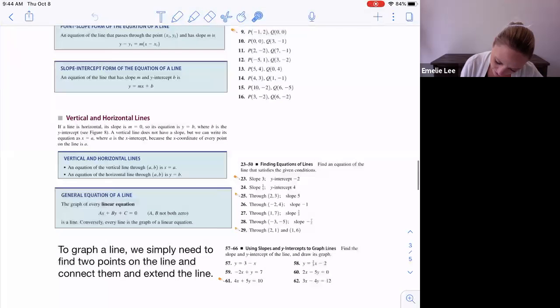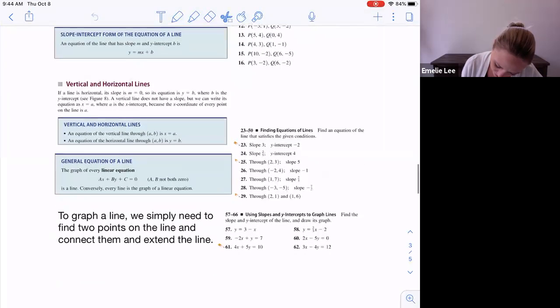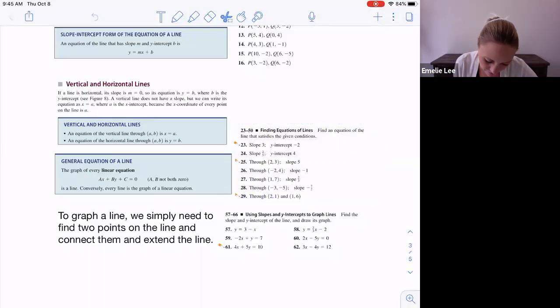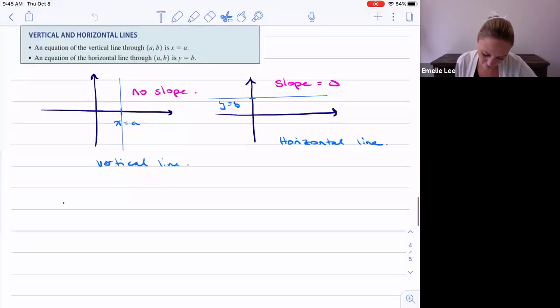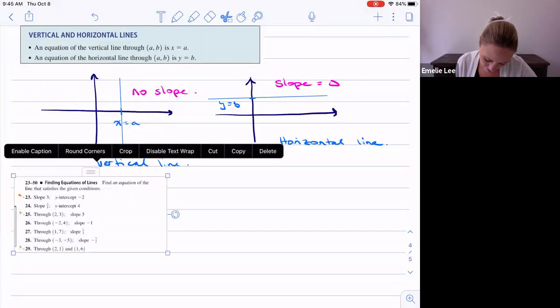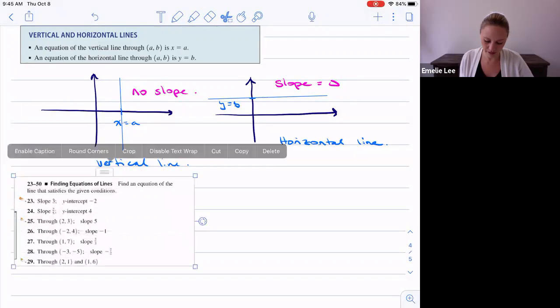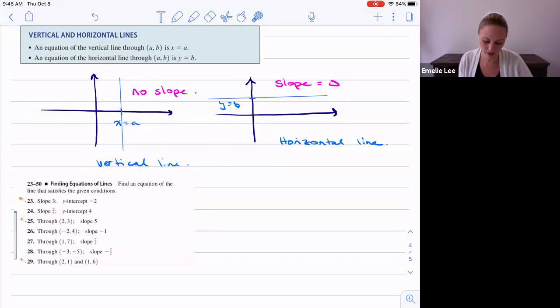So if we have these problems that we can work through, make it a little bit bigger. Okay. So we can find equations of these lines, right?